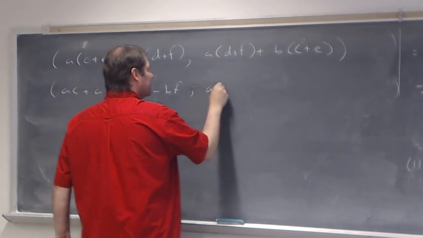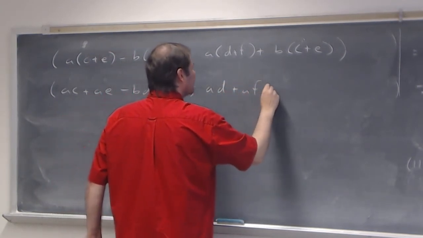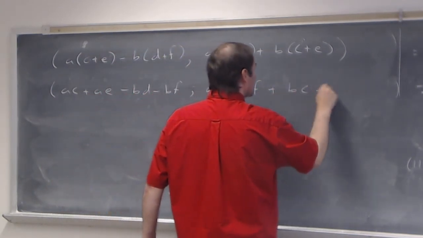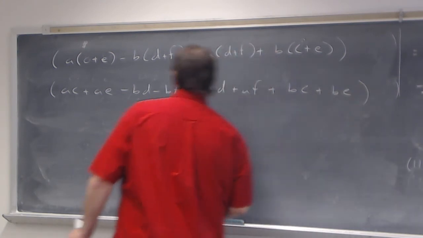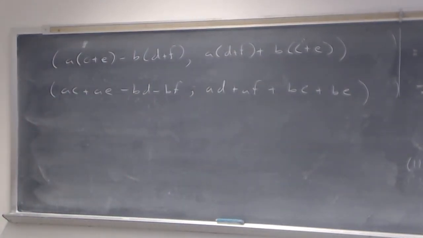And then here, this is AD plus AF plus BC plus BE. So that's what we get.